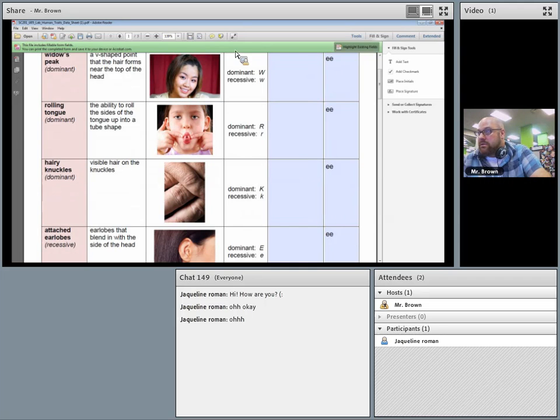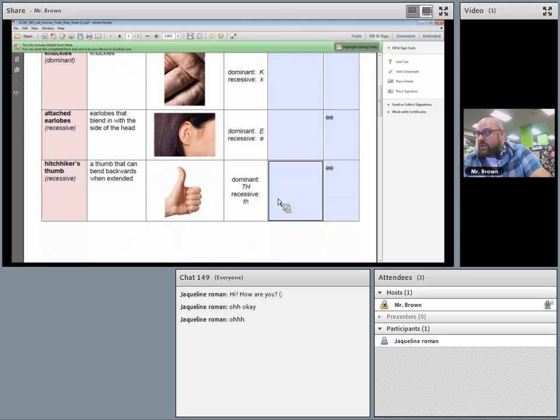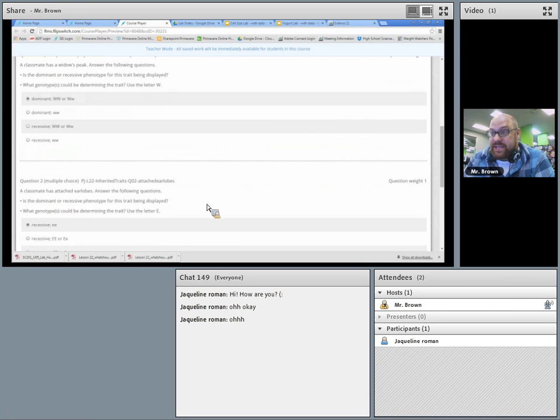The only way to get a recessive trait to show up is you have to have two recessive genes. If you have one dominant gene and one recessive, you're going to have a dominant trait show up. If you have two recessive genes, that's when the recessive trait occurs. So attached earlobes being recessive, there's only one possible genotype for that, and that is little e, little e.